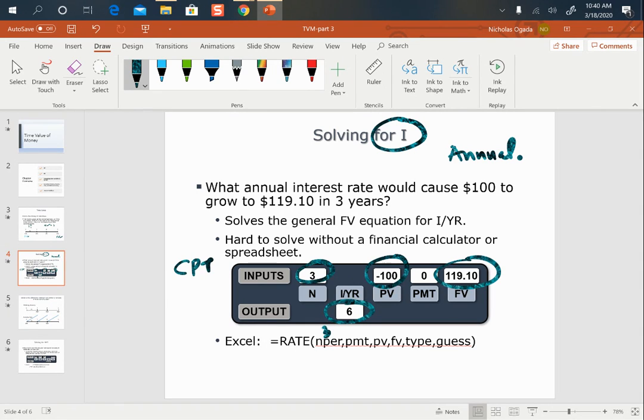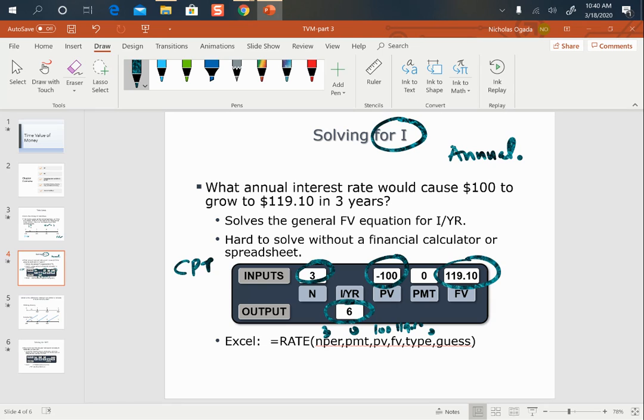The PMT, you put that as 0, your present value will be 100, and your future value will be 119.10, and the type we're going to assume by default is 0. Then you enter, and that will give you the rate of 6%. That's just the easy way again to solve the same problem of finding what I should be.